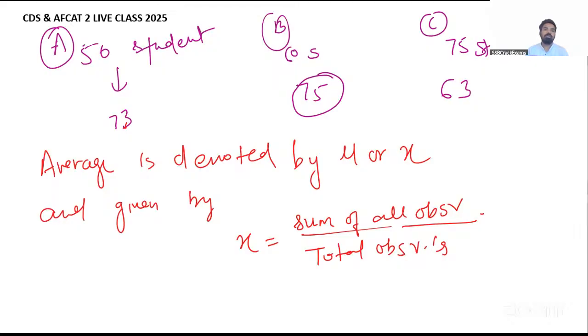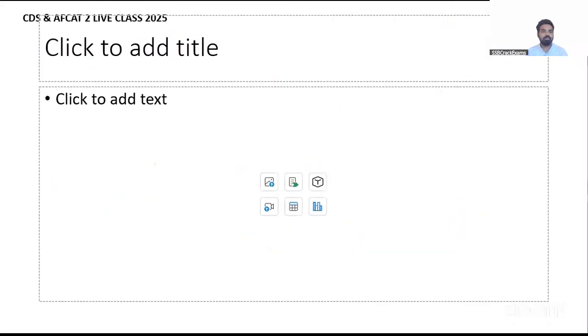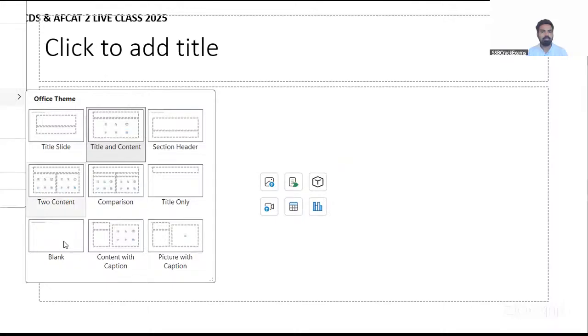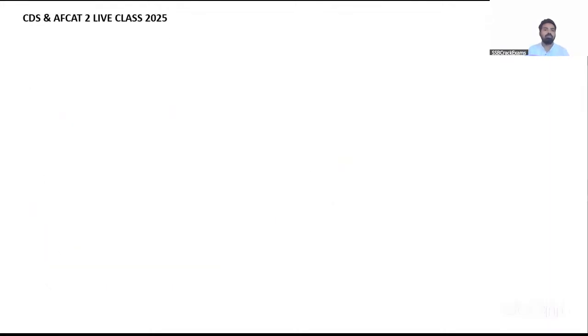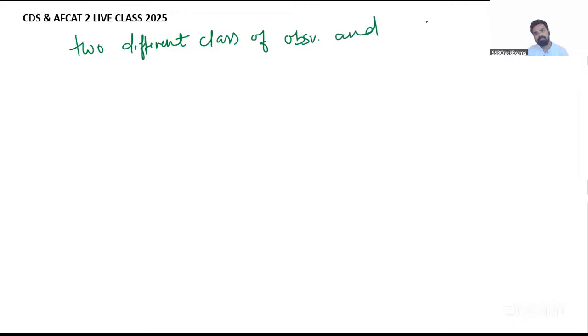And one more formula I want to tell you. One more formula, which is when we have two different classes of observations and averages.